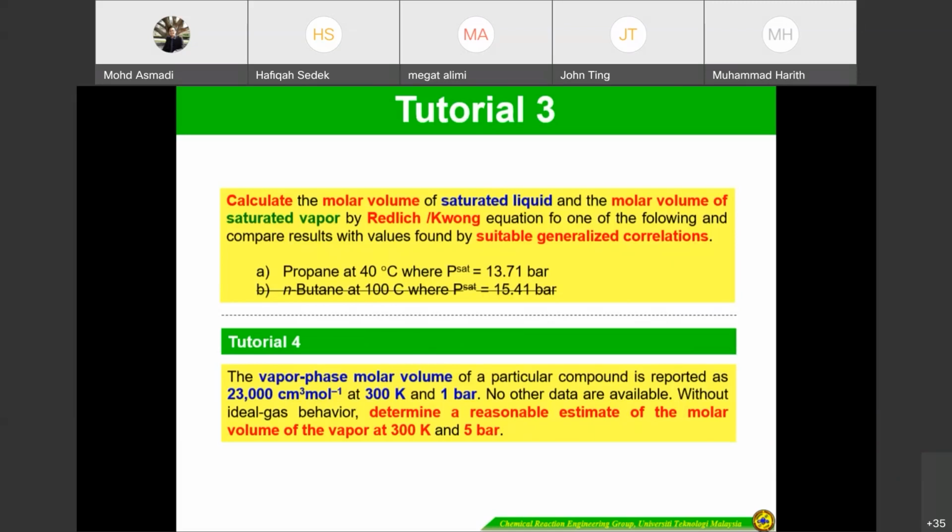Is it correct? Akmal, how come you can get 14.47?